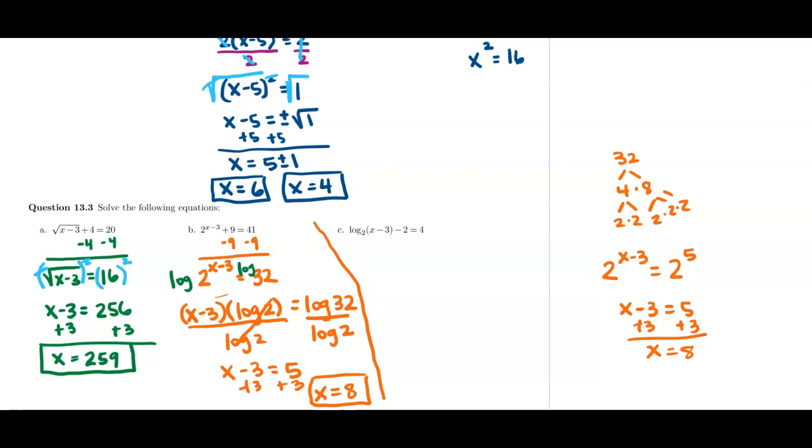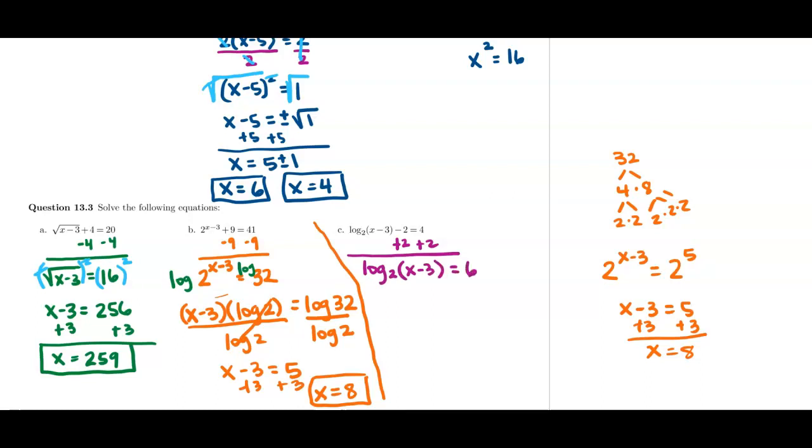Okay, add the 2 over. Somebody agreeing with that? All right, we want to get the log part by itself. So let's add that 2 over. So I get log base 2 of x minus 3 equals 6.